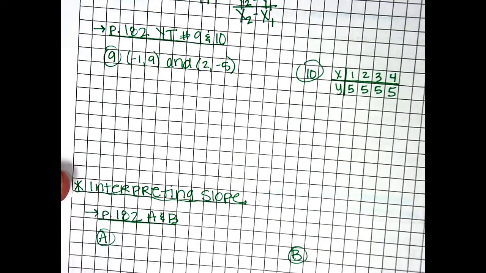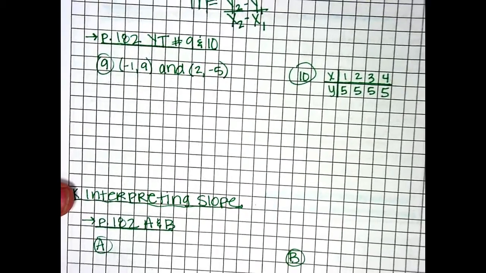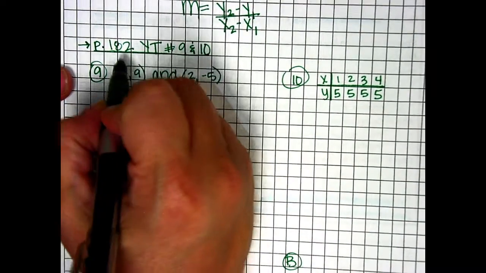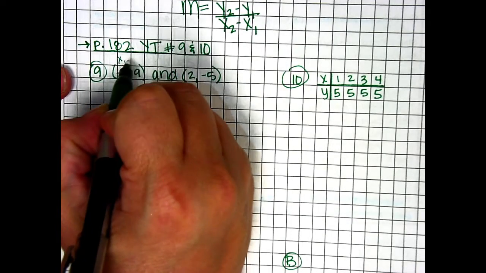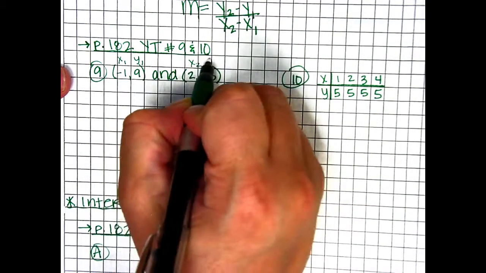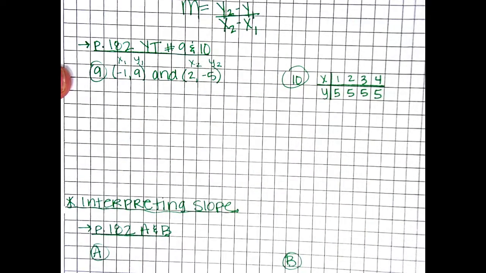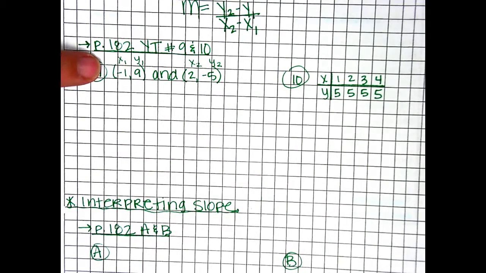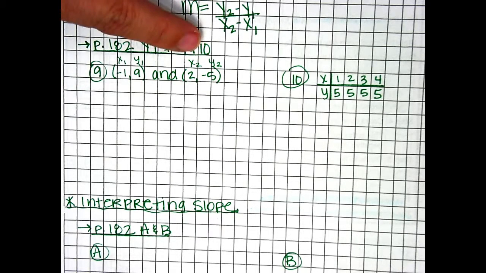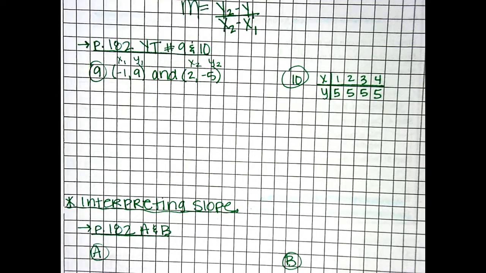Okay, and we're going to use the slope formula to calculate this. This is x sub 1, y sub 1, x sub 2, y sub 2. So it's just literally the first x value, first y value, second x value, second y value. First point, second point.